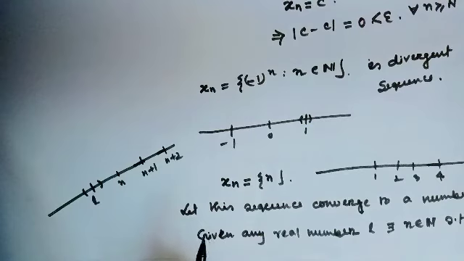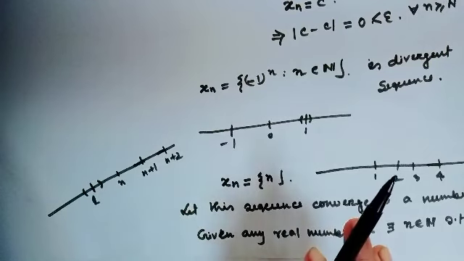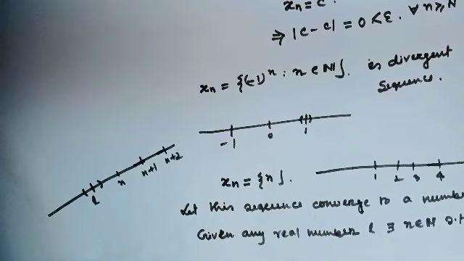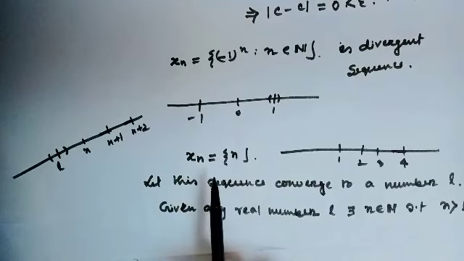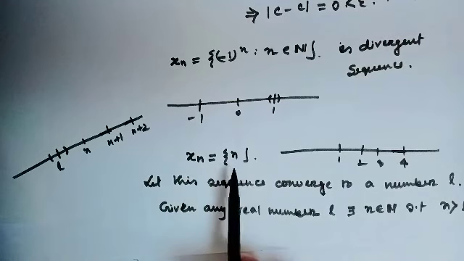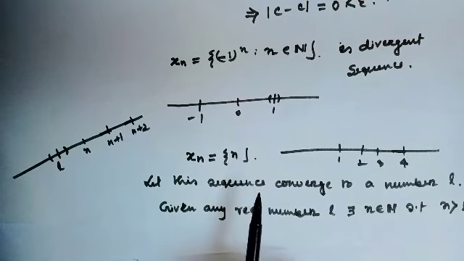Are you getting my point? So L cannot be a limit point here. But I have taken L as an arbitrary real number. So no real number can be a limit point of the sequence xn equal to n. So the sequence is a divergent sequence.